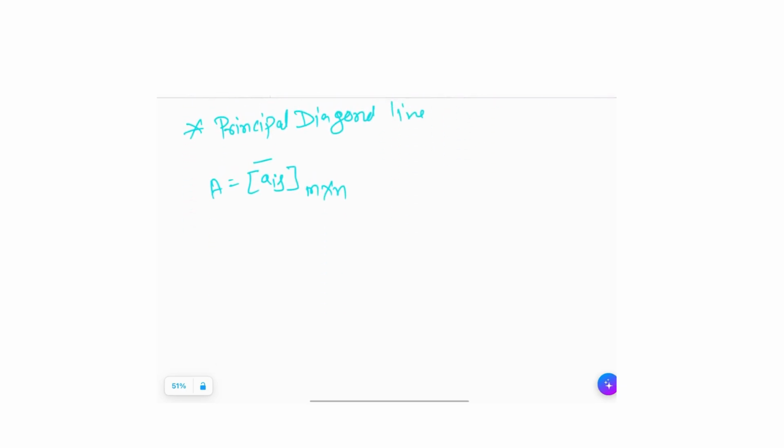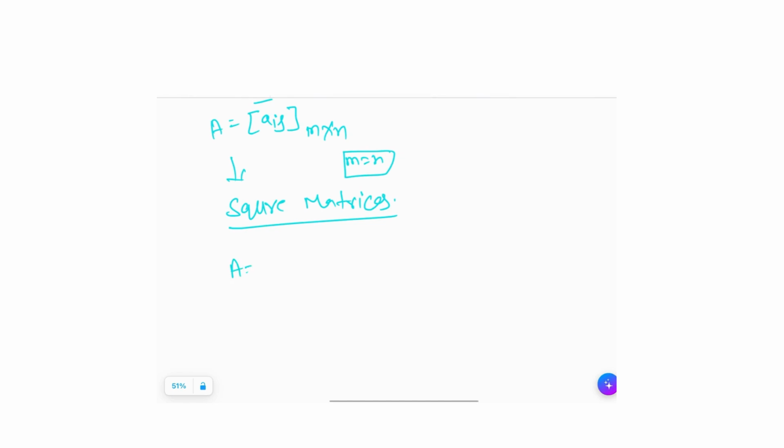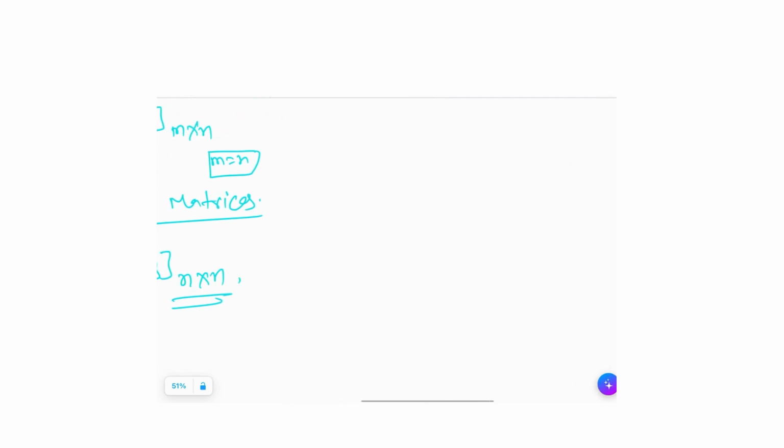Then the principal diagonal elements are Aii. For a principal diagonal, firstly m equals n, that is, we have to have a square matrix. Then the order of A is n cross n. Now come to our next point, what is the principal diagonal for these square matrices.